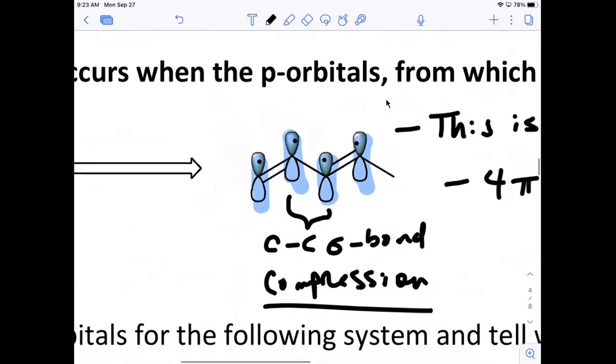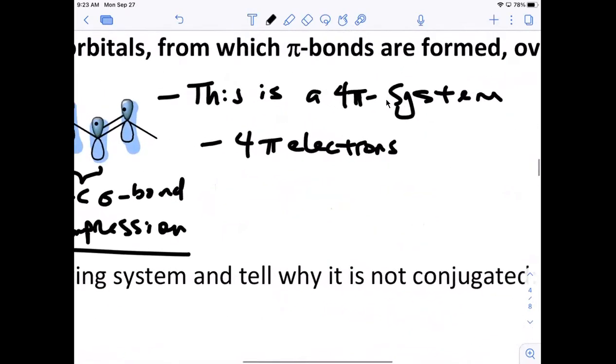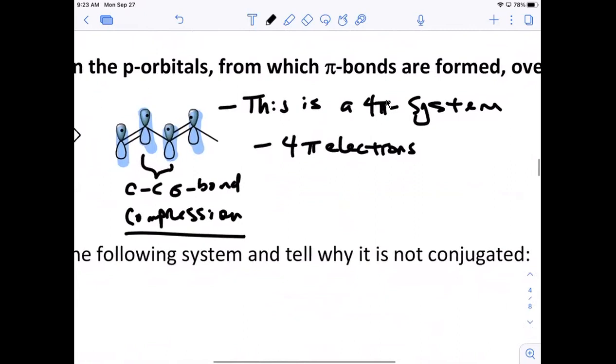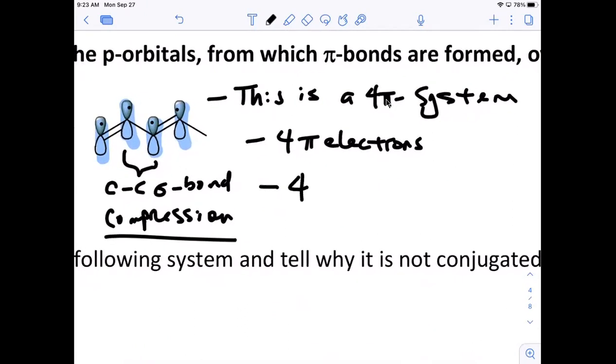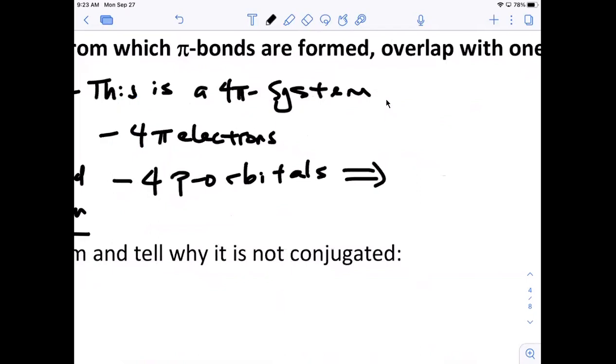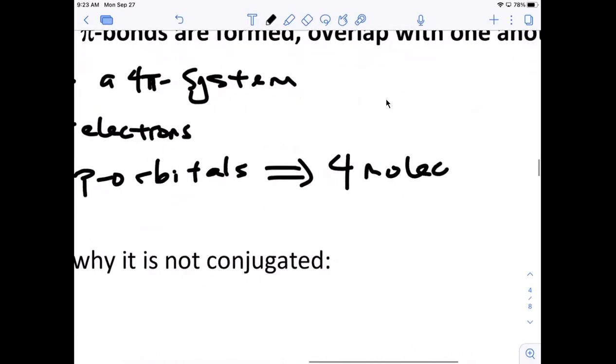All right. So what that means for this 4 pi system is it's going to behave a little bit differently. So you have 4 p orbitals. And what that means in terms of molecular orbitals, which is another way to think about how these systems react, you'll get 4 molecular orbitals.